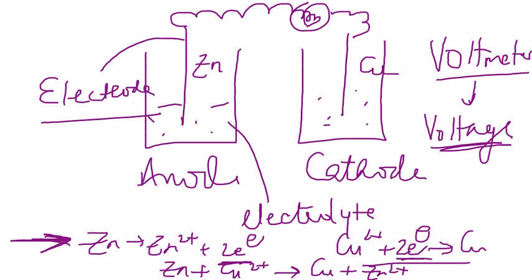That's what's happening overall. Now, if you are trying to measure the voltage of the system, depending on the tendencies to give off this electron or to gain that electron, the voltage would depend on that.